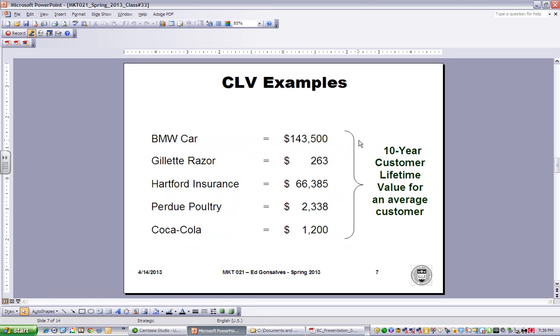So here are some examples of 10-year customer lifetime value for an average customer for these product companies. Think about it here. A BMW over 10 years will generate a customer lifetime value of $143,000. Seems crazy, right? But over that average period of time, you'll have a minimum of 2 car purchases by a BMW customer. And then you have the service and normal average costs of being a BMW customer.